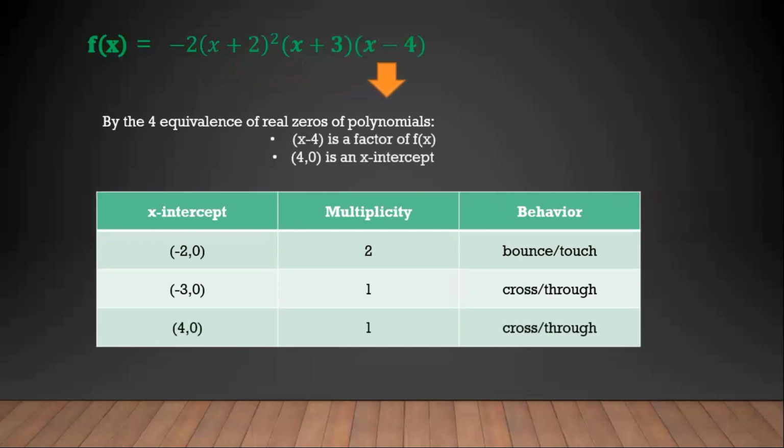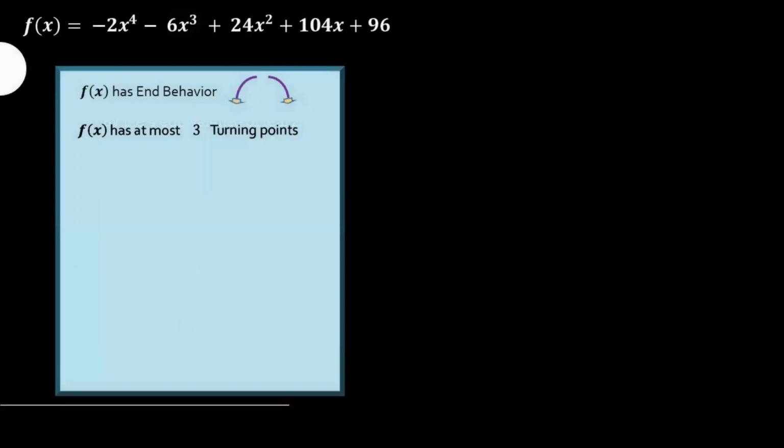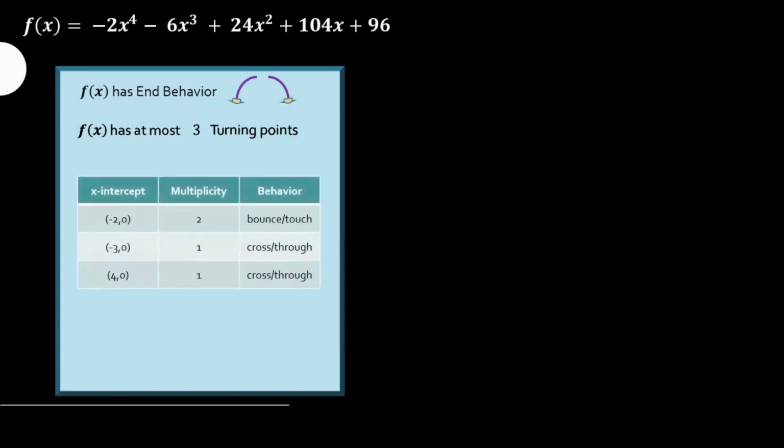It will cross. The x minus 4 factor gives an x-intercept of 4, 0. It also has multiplicity 1, so it will be a cross. Place my table here in my all work box where I'm collecting everything I need.